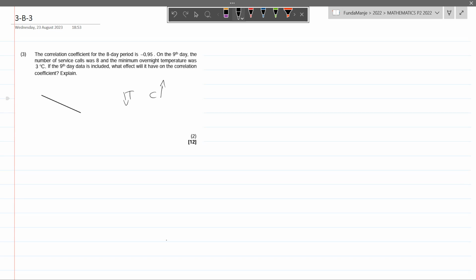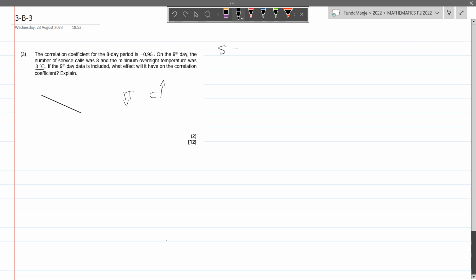So we could say this relationship means that the correlation will increase slightly, because here we see that we lower the temperature, and the service calls that we get are 8. But what do we expect them to be?